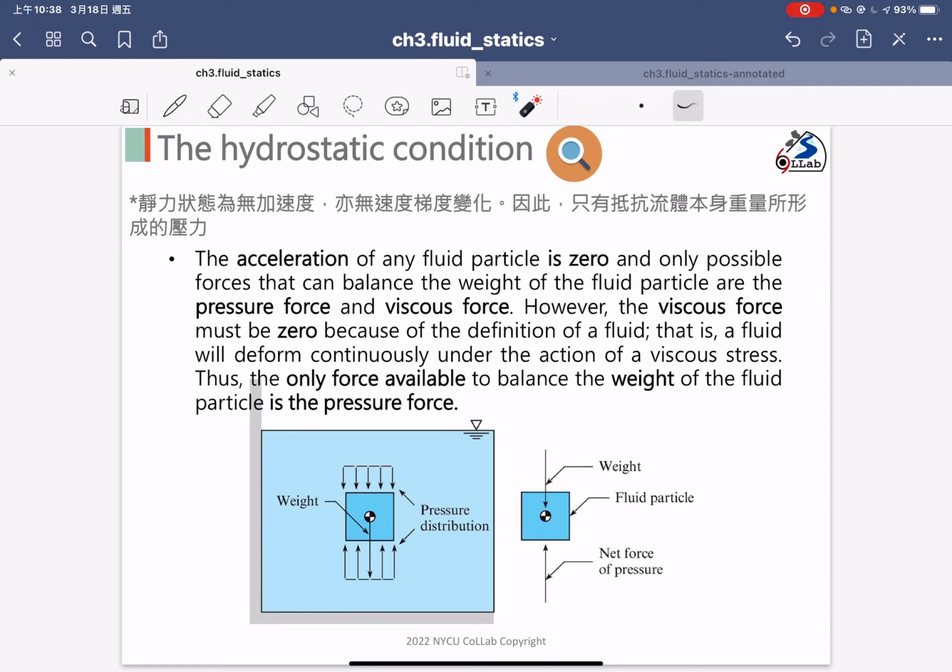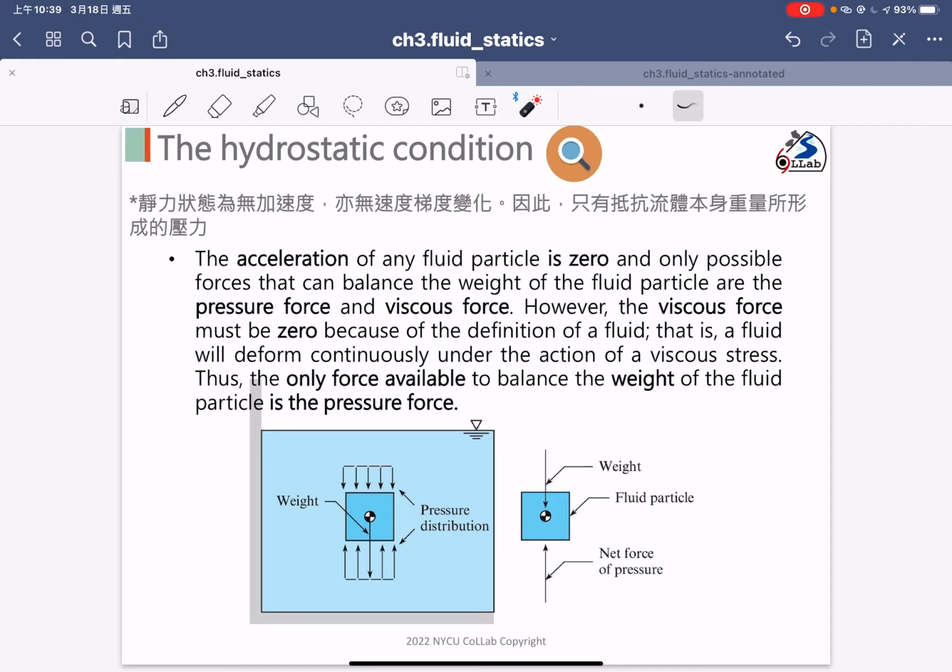As the cartoon figure shows here, maybe you have a fluid particle here. You see the bottom force, the bottom pressure, and the upper pressure. Based on the length of the arrow, the arrow on the bottom is larger than the top. That's because at the bottom of the fluid, we need to overcome more weight from the fluid.